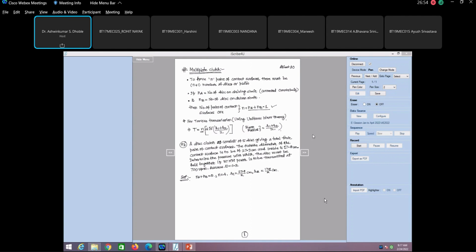Determine the pressure with which, so P we need to find out, with which the disc must be held together if power which has to be transmitted is 37 kilowatt, at N equal to 700 RPM. Assume mu, coefficient of friction, 0.3.